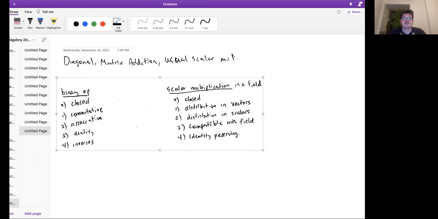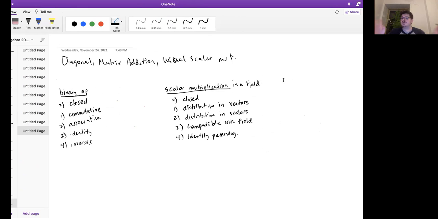Same set, but a different binary operation. Is it closed? If I do diagonal plus diagonal, will I get diagonal back? Yes. Is matrix addition commutative? Yes. Is it associative? Yes. What's the identity in this world now?